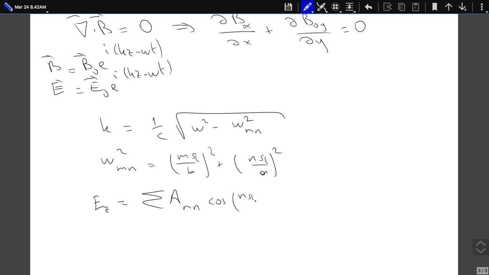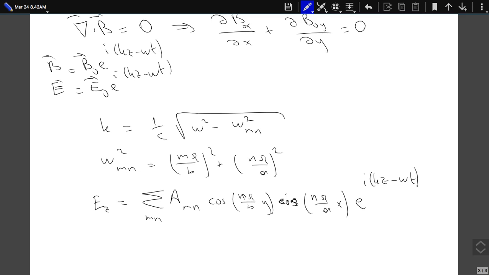The general form will have this expression: some coefficient, cosine of m pi over b y, sine of n pi over a x, and this is the general form, e to the power i(kz minus omega t).